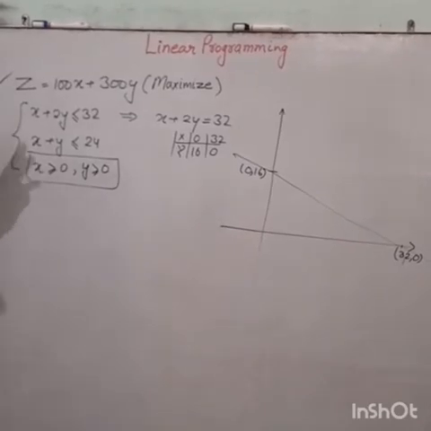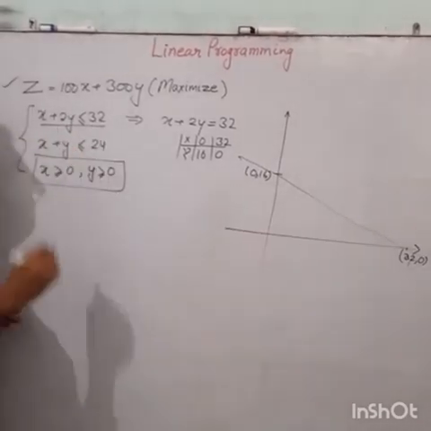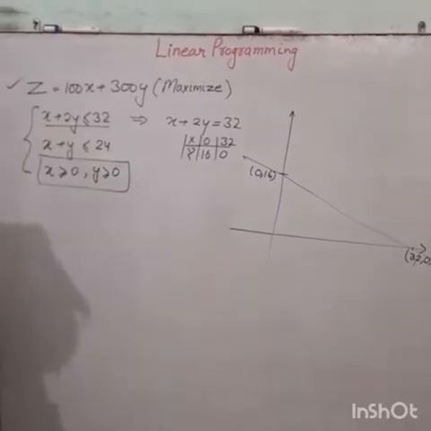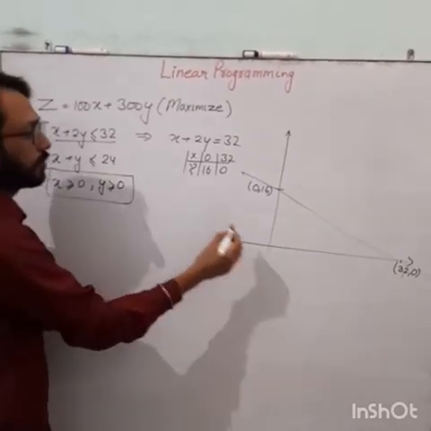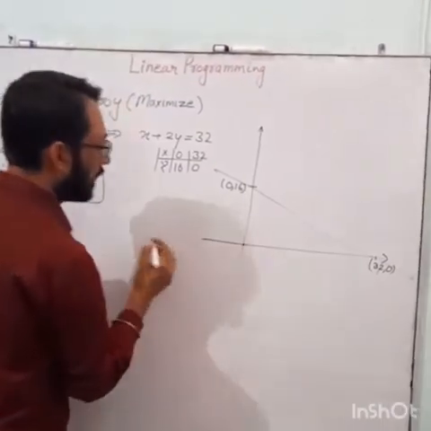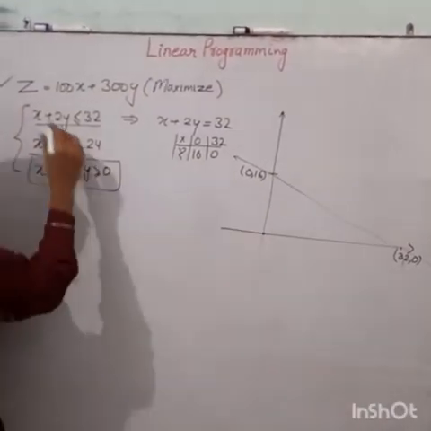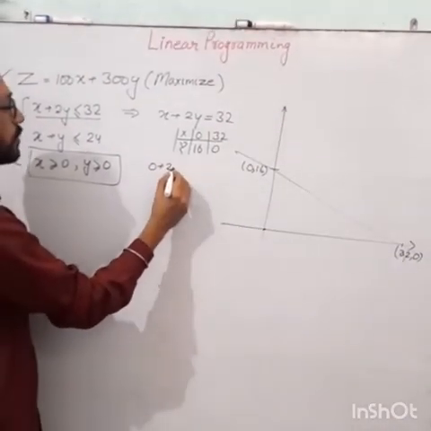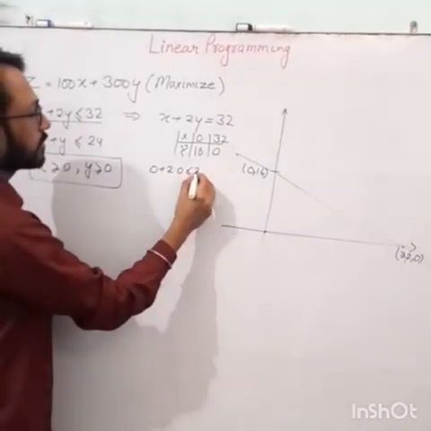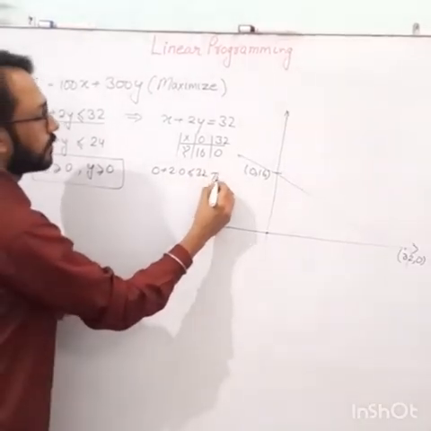The shading will be, it is given to us x plus 2y is less than or equal to 32. So for shading, what I am doing, I am going to check for the origin. I am checking any point, so that is the origin. Meaning x and y we will put 0. 0 plus 2 into 0 is less than or equal to 32. It is true.